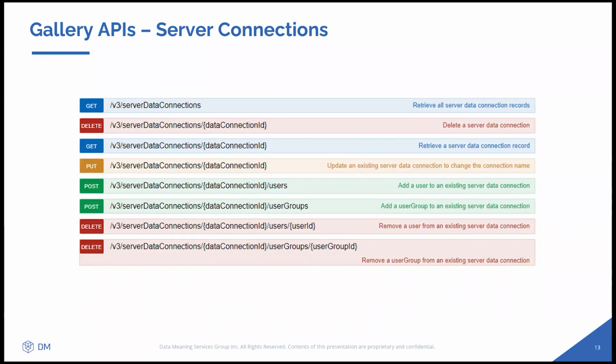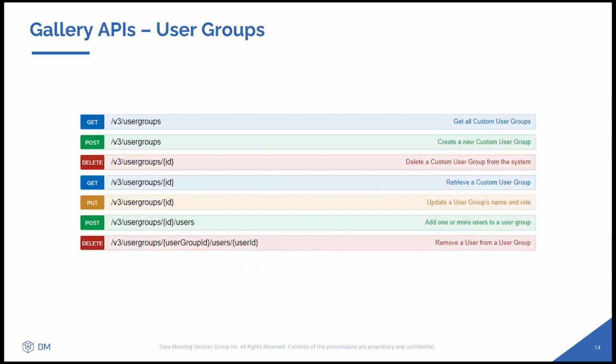So that's the only thing that is missing from this list. But you can add a user, delete a user or a group, and update the name. You can retrieve the connection if you have the connection ID. So pretty much everything is available for you on the API call.